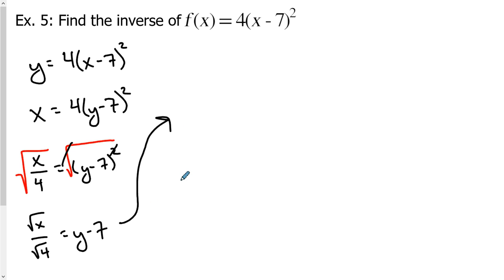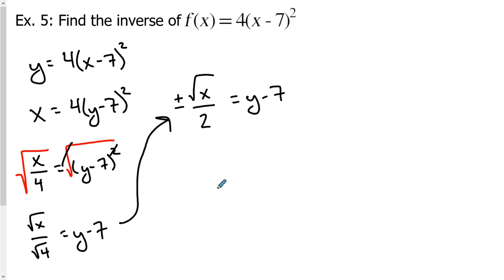So if we keep the party rolling over here, we really just have the square root of x, and now it's over 2. But because we took the square root of an unknown value, we have to include a plus or minus. And that'll equal y minus 7.